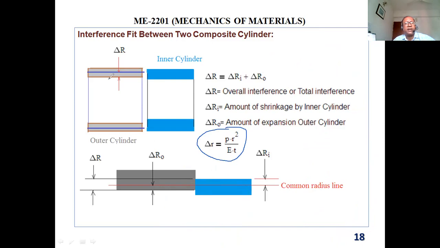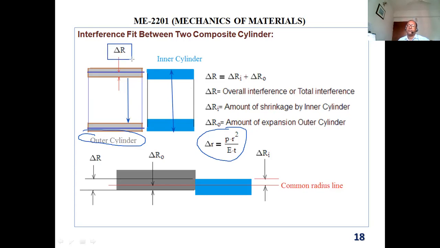So right over here is showing an outer cylinder. His inside diameter is this one. And on the right side, there is an inner cylinder. His outside diameter is this much. Now, this one you like to put inside of this one. And the total interference is this much, delta R.